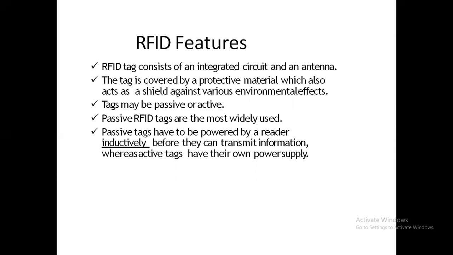It means passive tags get power from the reader indirectly, so before they transmit information, the data is read and stored in a database. When we go for active tags, there is their own power supply, so whenever they transfer, the information is transferred immediately.